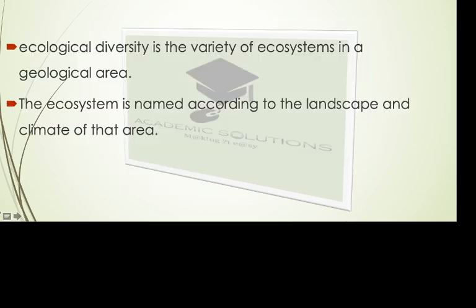And then there is ecological diversity, which is the variety of ecosystems in a geographical area, in a particular area. And the ecosystem is named according to the landscape and the climate of that area.